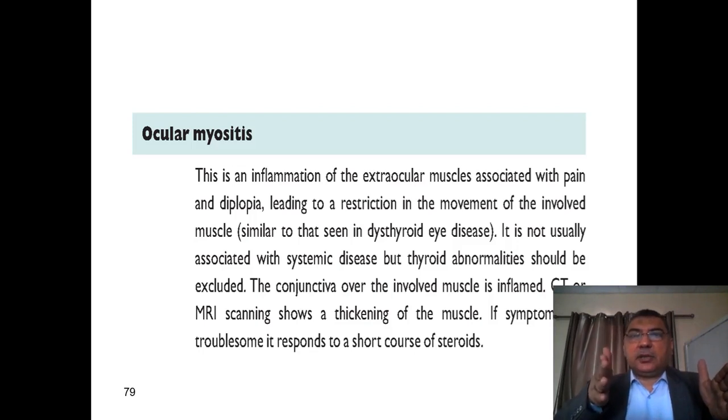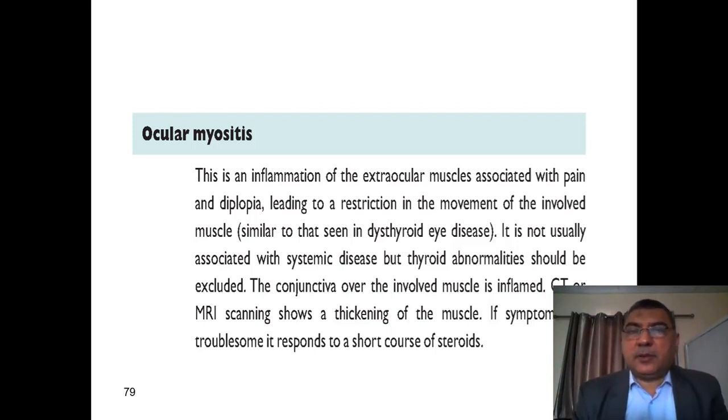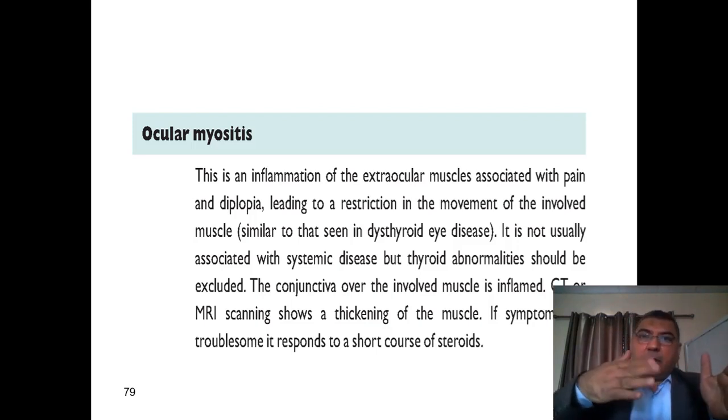So in this patient, there is, for example, pain in adduction, so the medial rectus is involved. Prolonged inflammation of this muscle will result in fibrosis of the muscle and restriction of the ocular motility in this type of strabismus, like the dysthyroid eye disease, but this patient does not have any thyroid gland dysfunction.